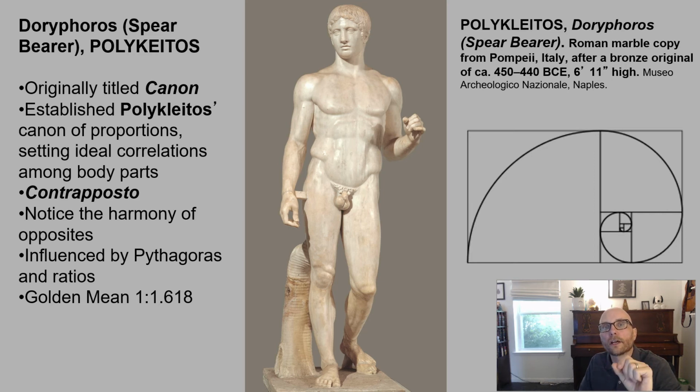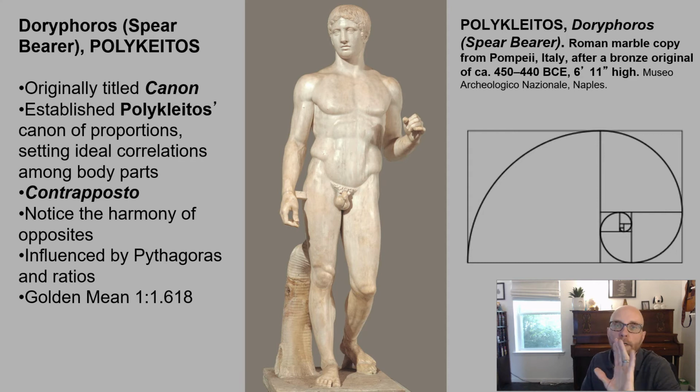This is by the artist Polykleitos, and this is called the spear bearer or the spear thrower, or if you want to use the Greek word, the doryphorus. But you can call it the spear bearer or the spear thrower. I don't care. Technically, he's holding a spear, so he's bearing the spear, not throwing it. But sometimes you'll hear this called the spear thrower.